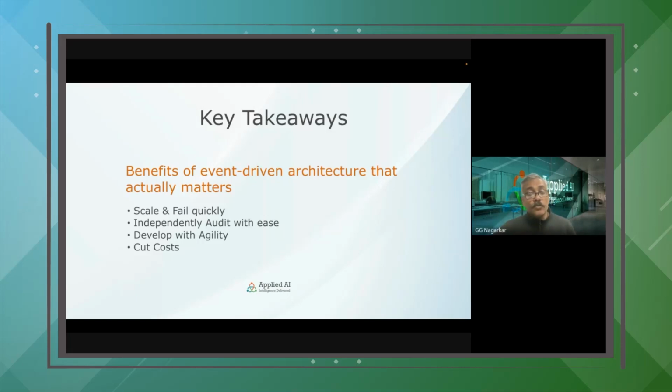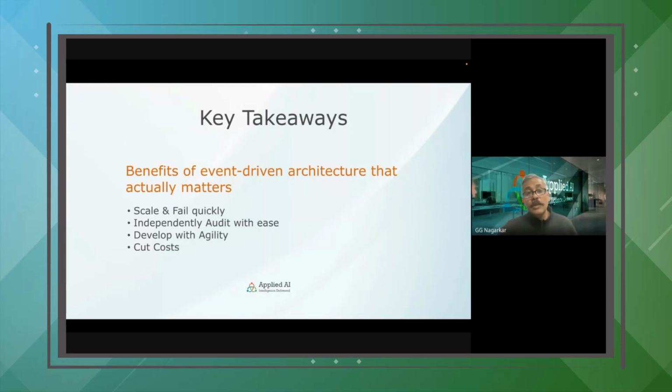The agility of development and the cost are a clear takeaway. But these events, segregating them in the landing event buckets, putting an intermediate or processing or processed, all of that data lying there, the set of tools existing in the ecosystem helps to audit, to look at the logs, to dashboard really quickly.